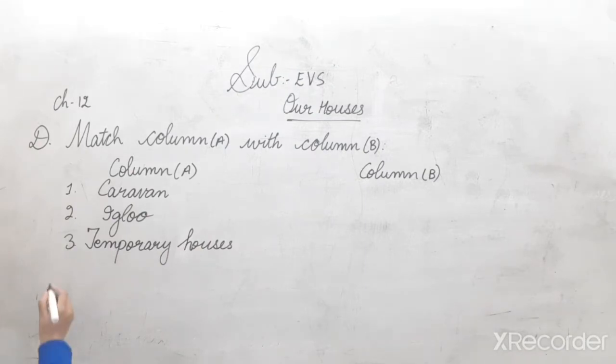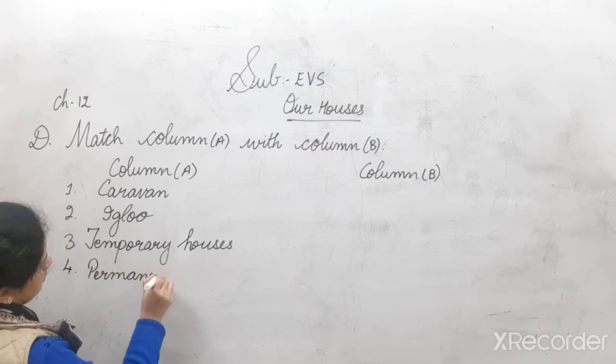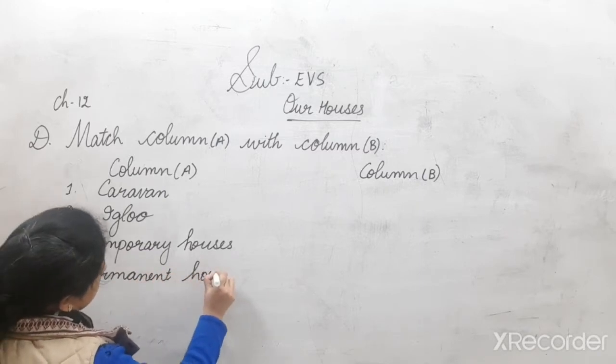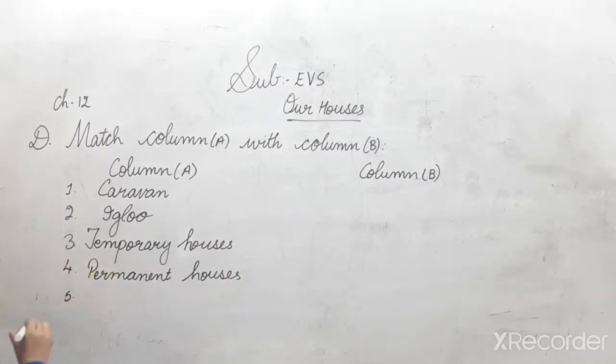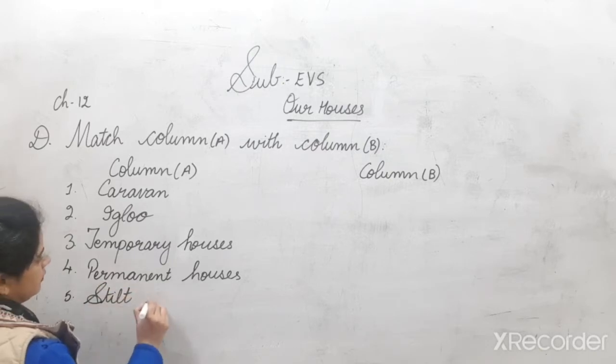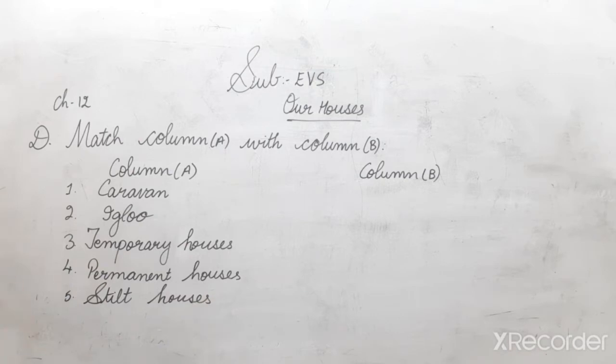Then fourth one is permanent houses, and the last one is your state houses. Okay, so in column A they have given you the different types of houses, and in column B you have to match with the particular places or where they belong to.